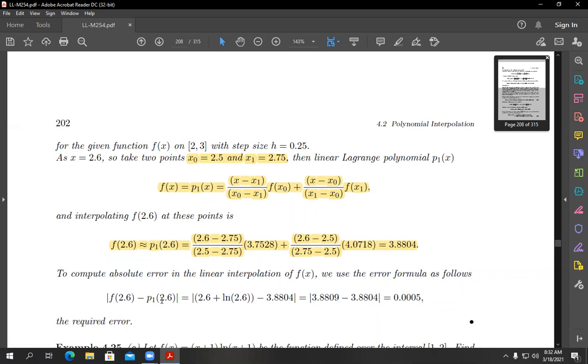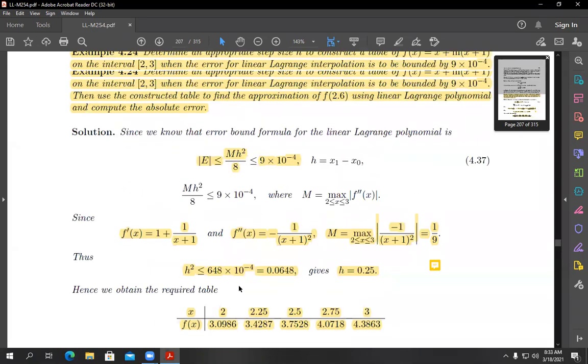Your x is 2.6. So what is your function?